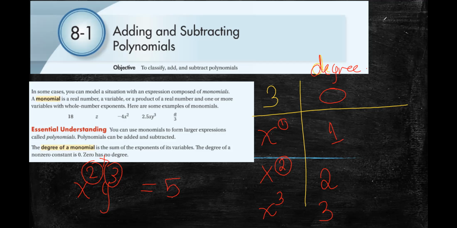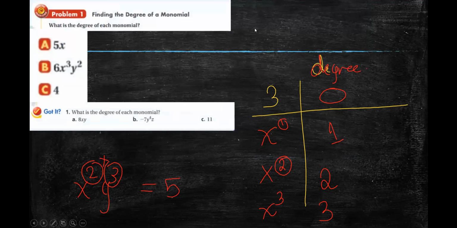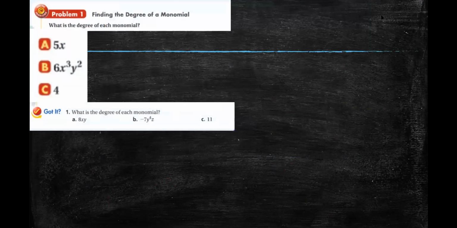Let's have an example now. Let's do problem number 1. In problem number 1, let's find the degree of each monomial.